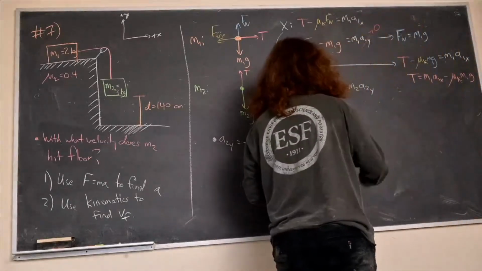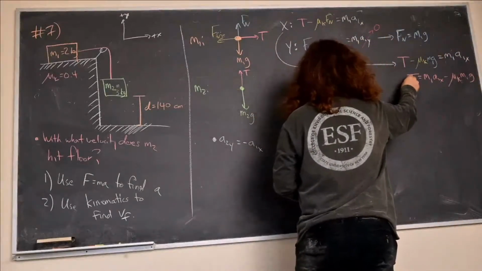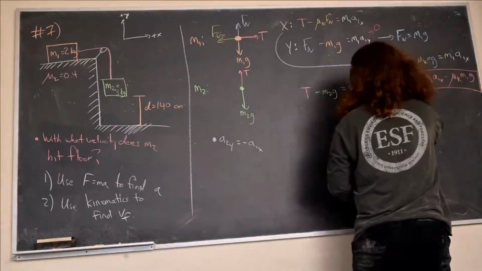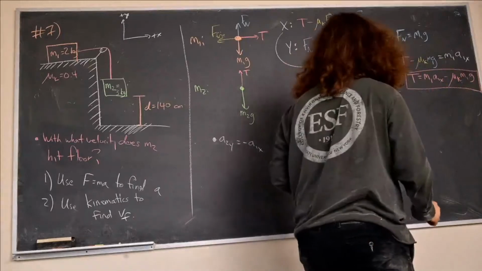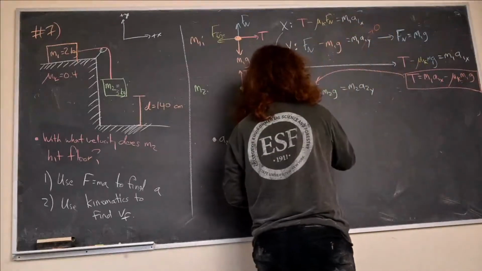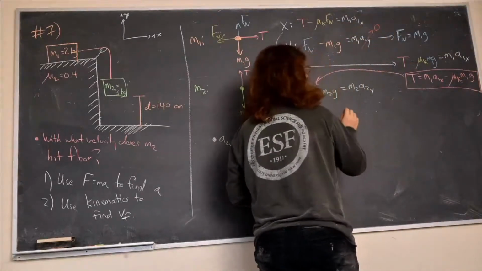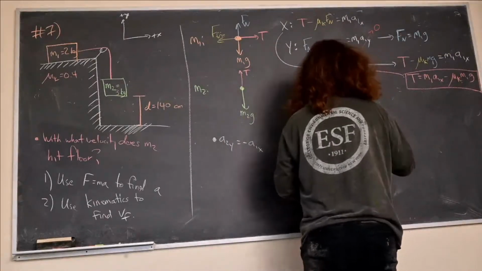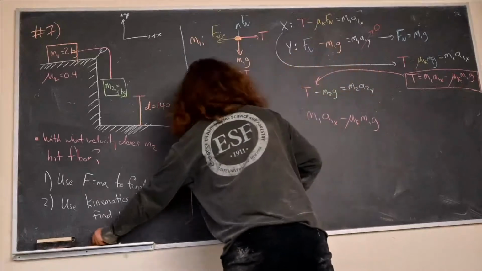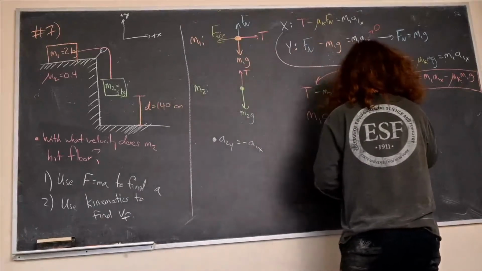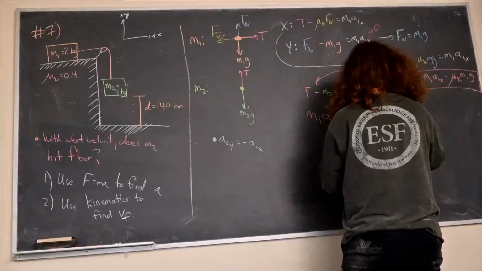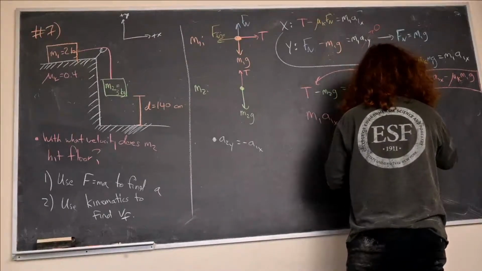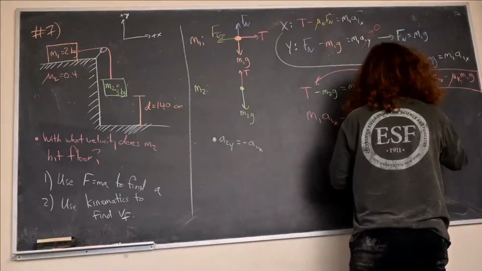So now let's take this and put it in for T. This gives me m1 a1x minus mu k m1g minus m2g equals m2a2y.